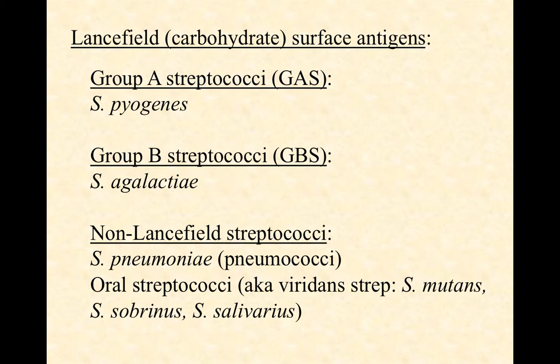And in older publications, you'll see the term viridans streptococci. So if you see that, recognize we're talking about oral streptococci. And in particular, the species mutans, sobrinus, and salivarius, all of which can be involved in causing cavities and various forms of gum disease. Mutans seems to be the most guilty in that process.